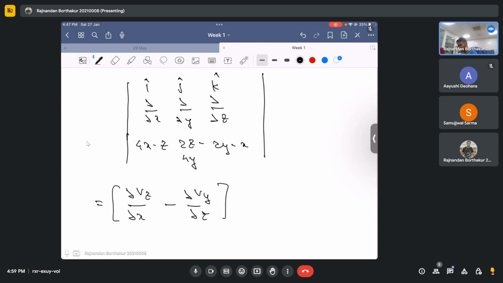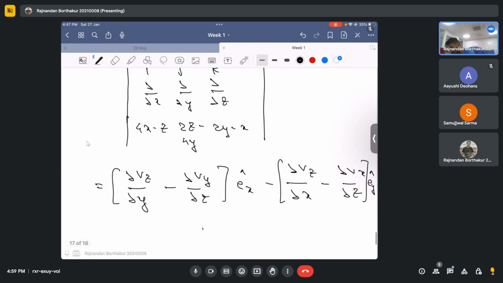Sorry, I miswrote this earlier; this should be y because we are evaluating in the x direction. Then minus, in the ey direction, del vz by del x minus del vx by del z, and plus, in the z direction, del vy by del x minus del vx by del y.